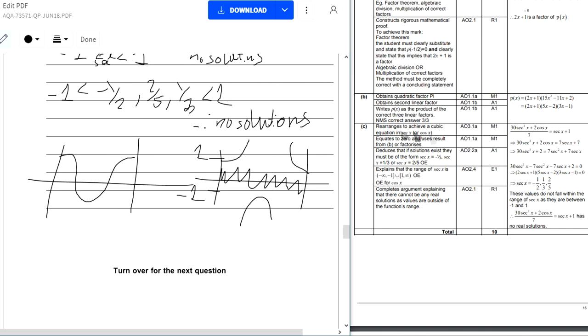Okay, if you look at the mark scheme, that's basically what they've done here. They've just explained it, and then you've got to have a conclusive statement.